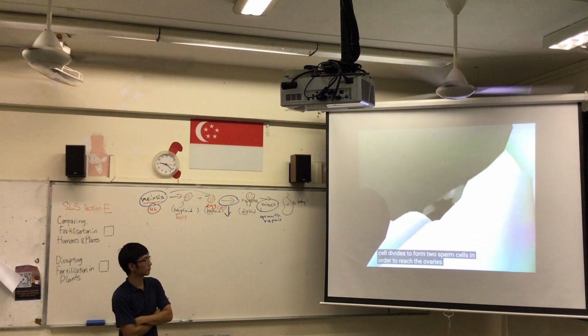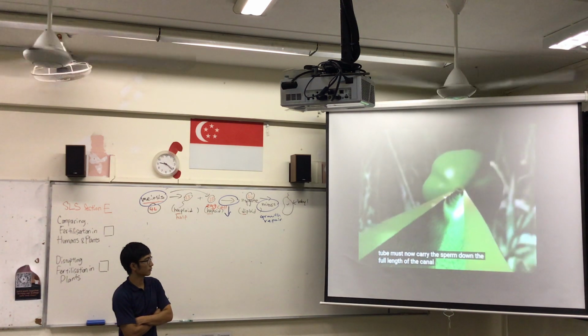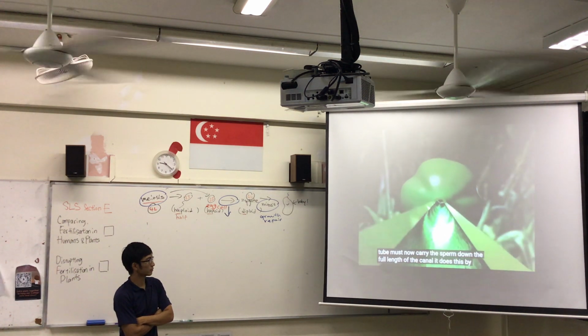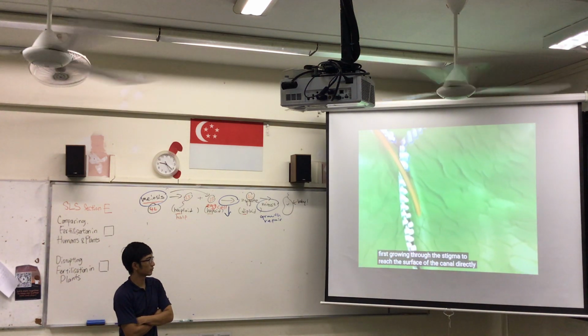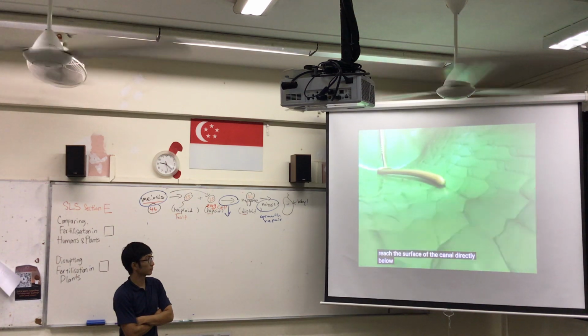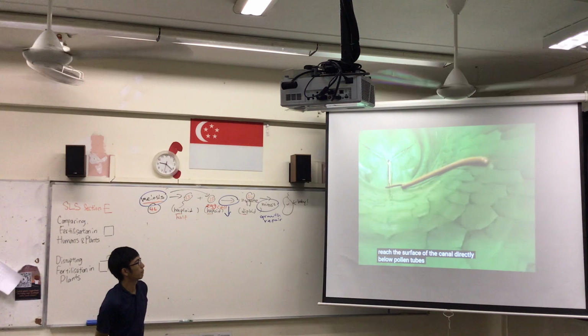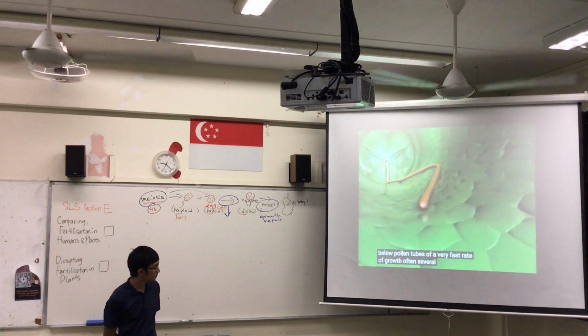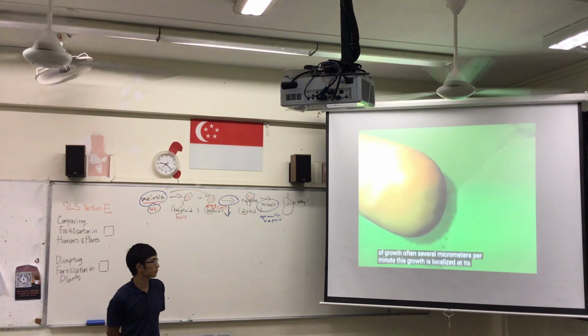In order to reach the ovary, the pollen tube must now carry the sperm down the full length of the style canal. To help this, enzymes go through the stigma to reach the surface of the canal directly below. Pollen tubes have a very fast rate of growth, often several micrometers per minute.